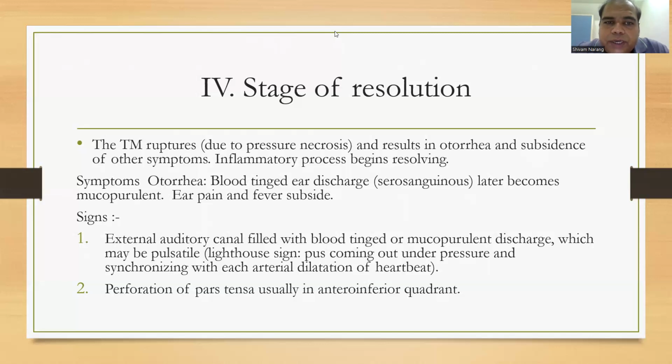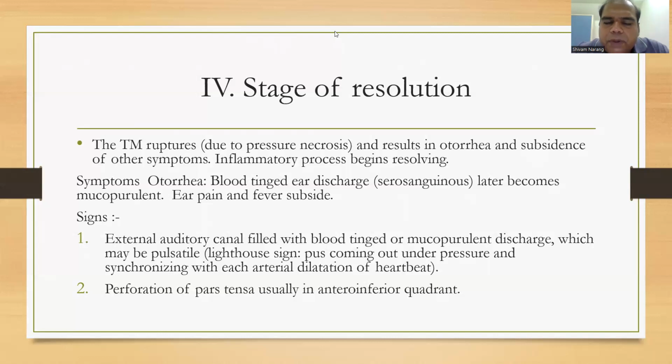It can be blood tinged initially, then later in the stage it may become mucopurulent. The pain and the fever subside. On examination, the external auditory canal is filled with discharge, which can be blood tinged or mucopurulent depending upon the time duration.